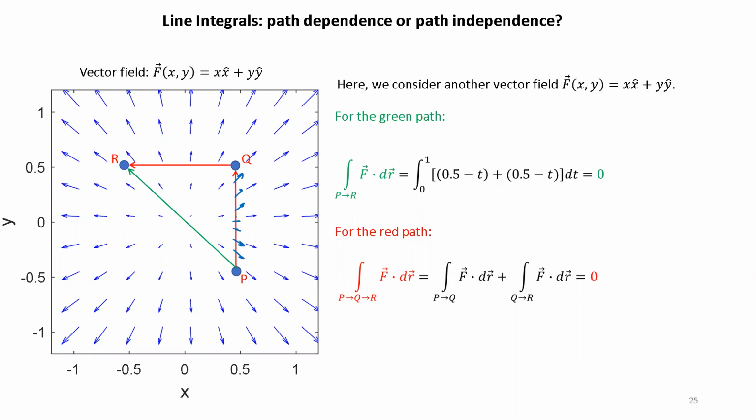But in principle, if you want to make that statement, one way to prove that is that you need to try infinitely many possibilities. But of course, this is not what we are going to do.